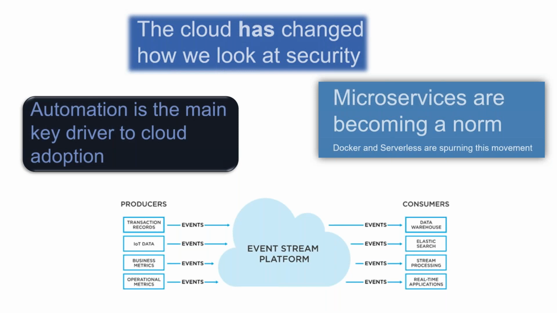This is definitely true if you want to adapt to modern business and rapidly deploy solutions. And microservices are becoming the norm as we start using more container solutions, serverless solutions. This has kind of fired up the whole movement.